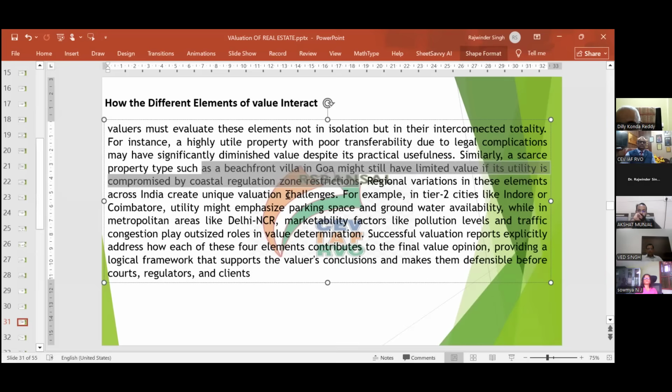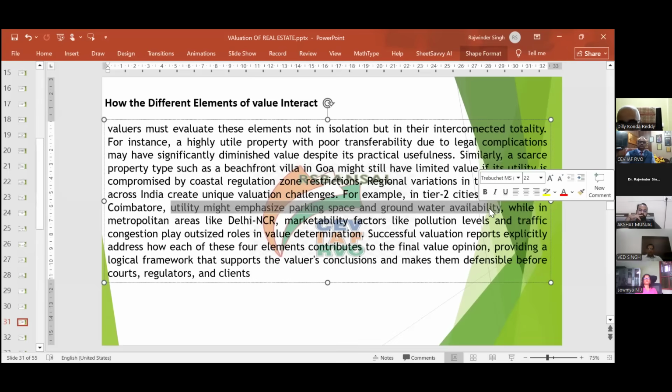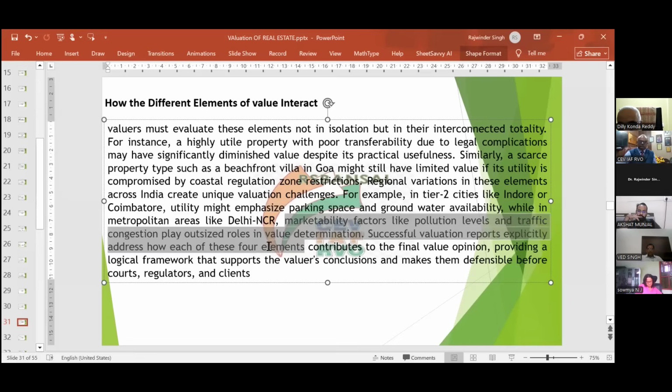Similarly, regional variations in these elements across India create unique valuation challenges. For example, in Tier 2 cities like Indore or Coimbatore, utility might emphasize parking space or groundwater availability. So utility is different in different locations. While in metropolitan cities like Delhi NCR, marketability factors like pollution levels and traffic congestion may play an outsized role in value determination.